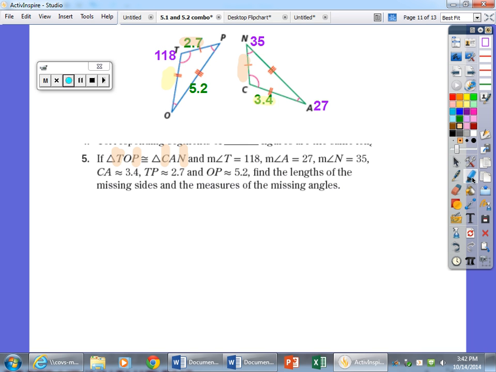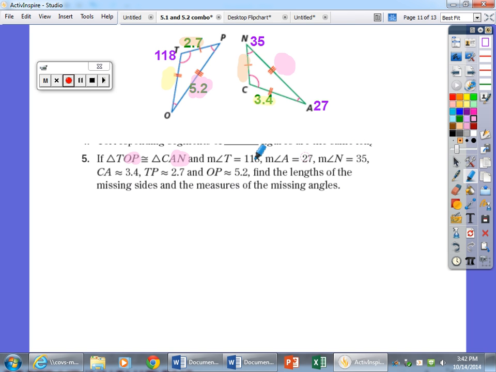And then we can go back and pick up OP. Okay, so here's OP right here in this one. OP is going to be congruent to AN. So OP is 5 2/10. So that means AN is 5 2/10.